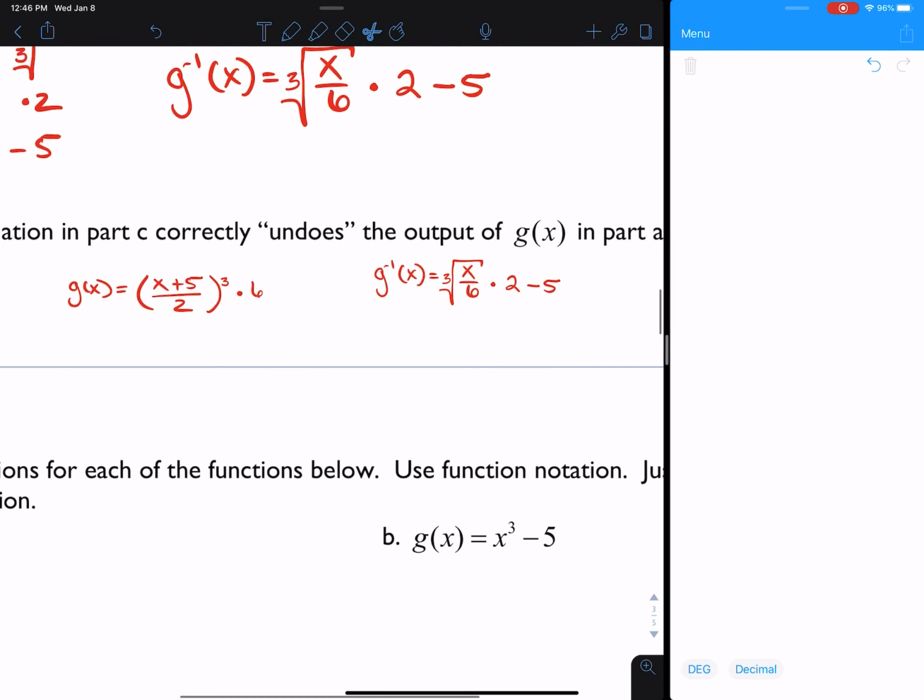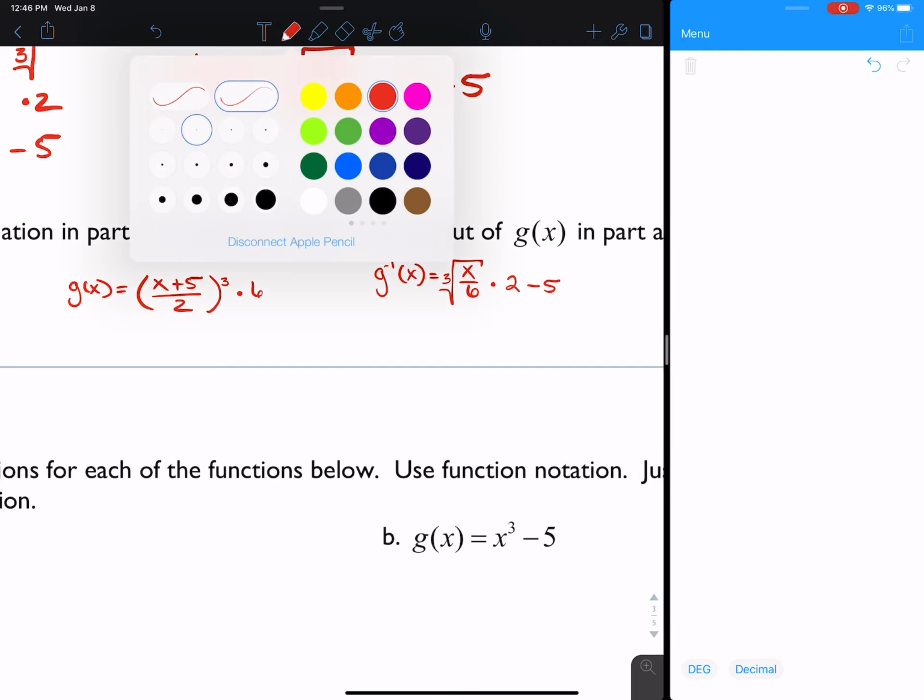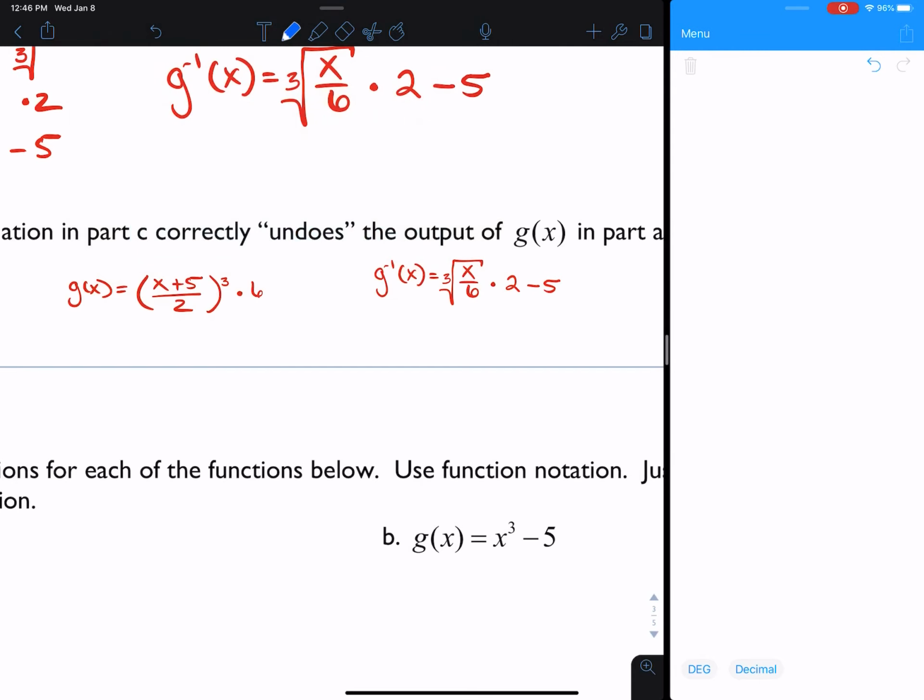Okay, so the idea here is I'm going to pick a value as an input for g. Whatever the output is, I'm going to use that as the input for the next function. And it's basically the idea that I saw in the previous problem, in problem 3D.